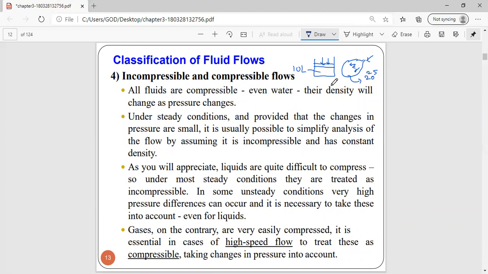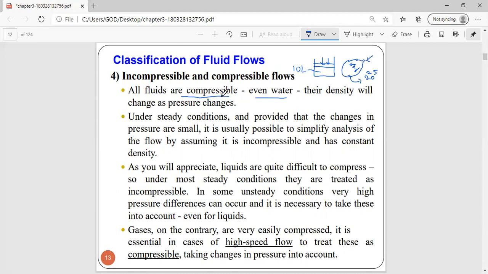So it is very clear. In fluids, there are two types based on your compression, your density change. That is compressible fluid and incompressible fluid. First, all fluids are compressible. Even water is compressible, but we will consider water as a standard fluid. That's why at 4 degrees centigrade, water is considered a standard fluid.